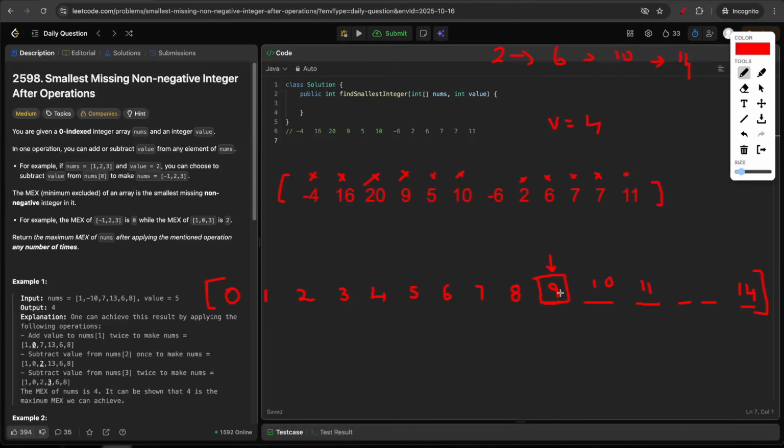So now the only question that remains is, how do we calculate this, and how do we know the first missing number from this? So for that, let me just erase this.